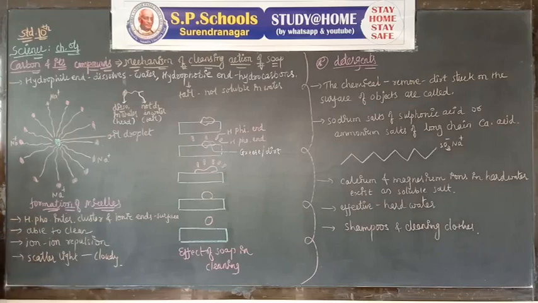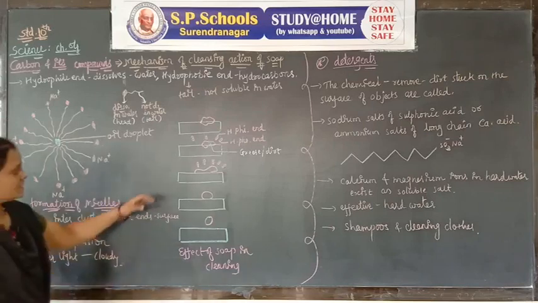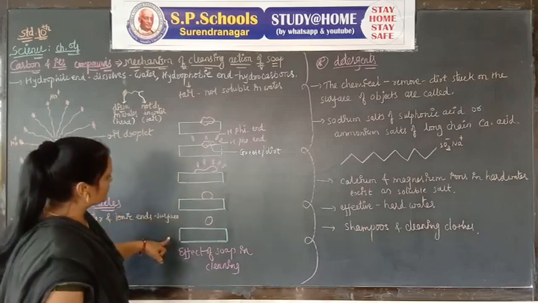Soap causes scattering of light, so when we apply the soap on the cloth, cloudiness is formed. Here the figures are shown.